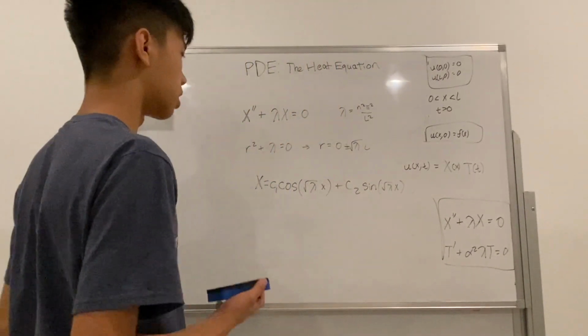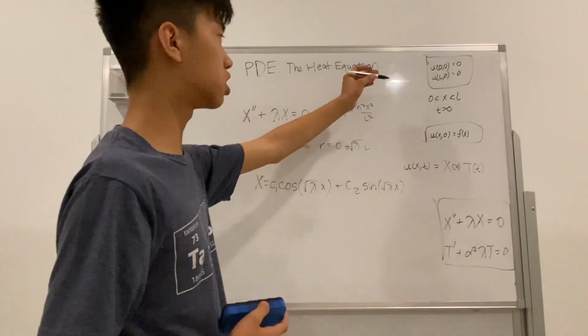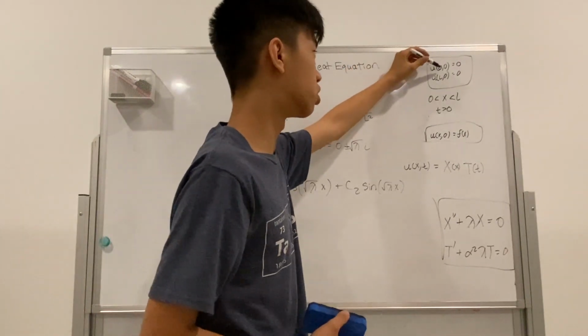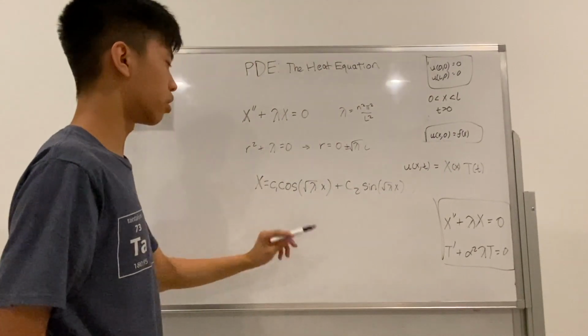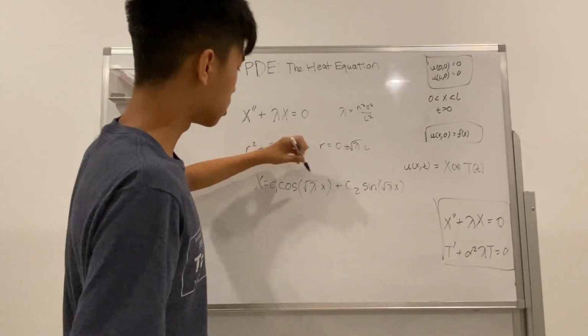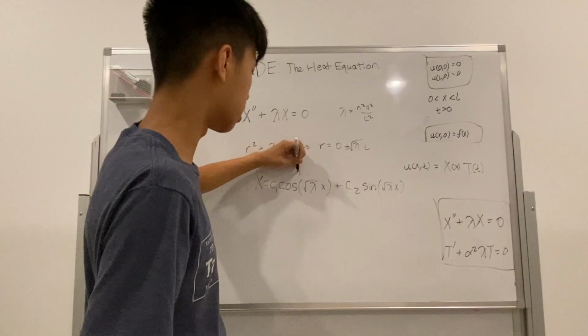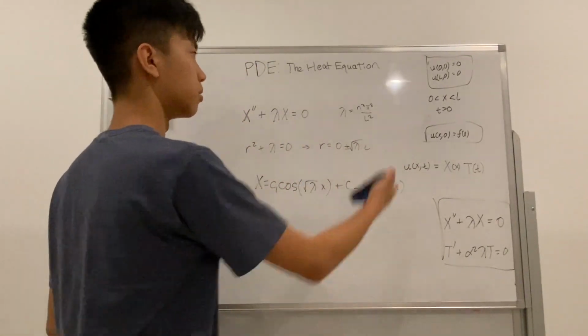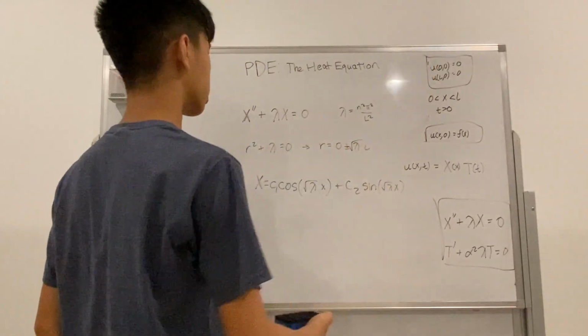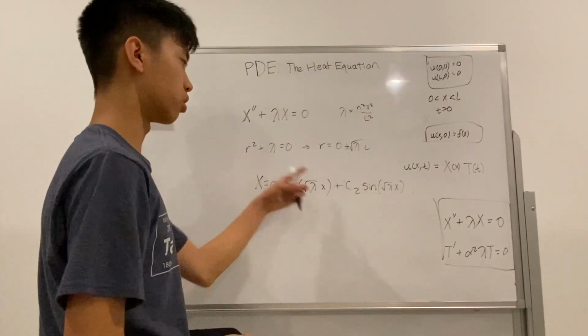But remember, the boundary conditions require that u(0, t) is equal to 0, meaning that, well, at x equals 0, this cosine term is going to be a positive value, and we really can't be having that when it needs to be 0.